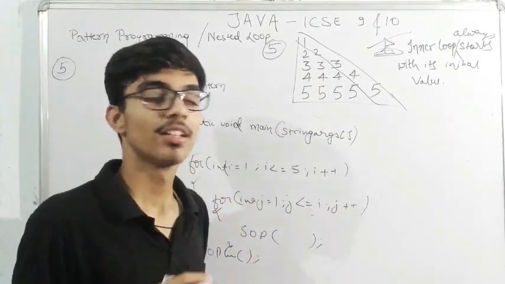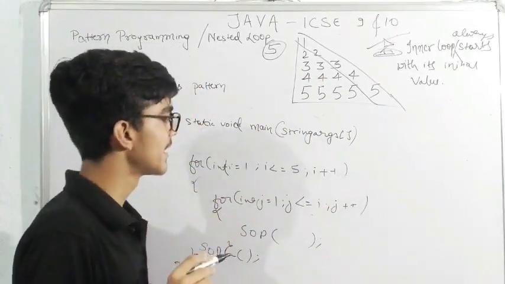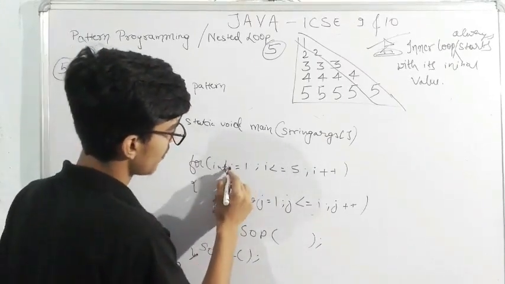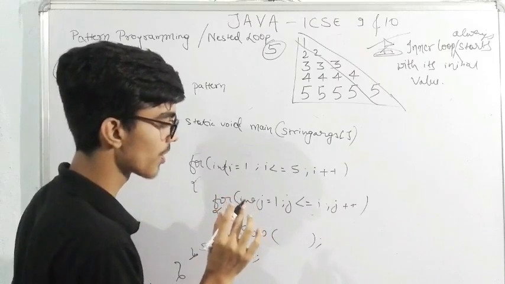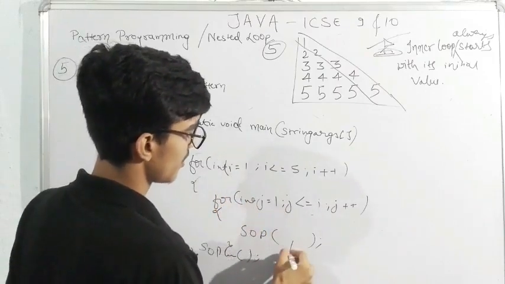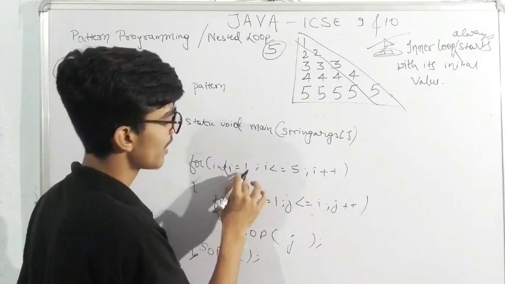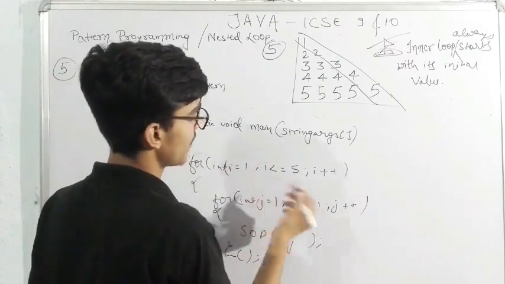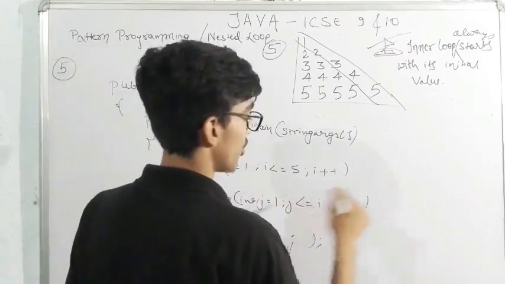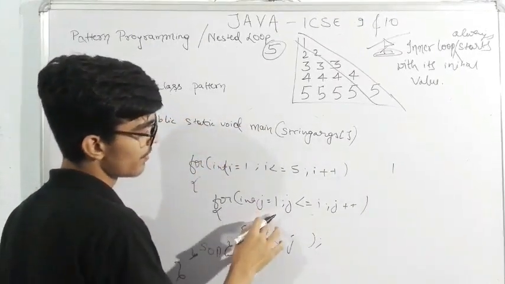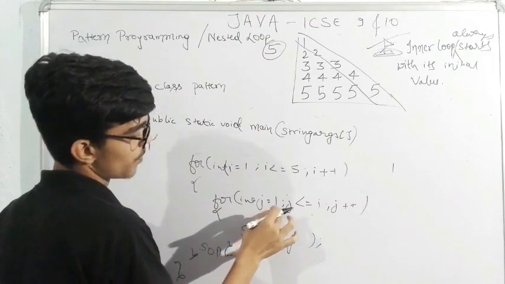For this we have to put in our logic. When I check in the previous program, this is the first one: I is 1, I is less than 5, yes, I plus plus. So I is 1. Now j will work once.